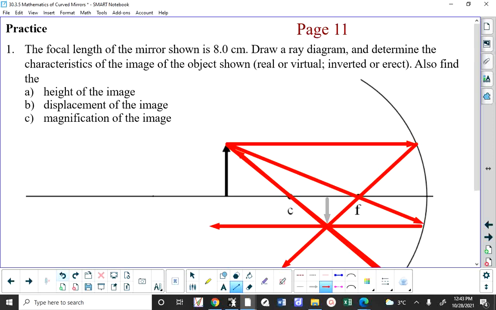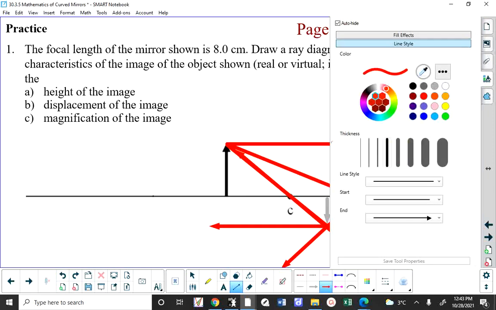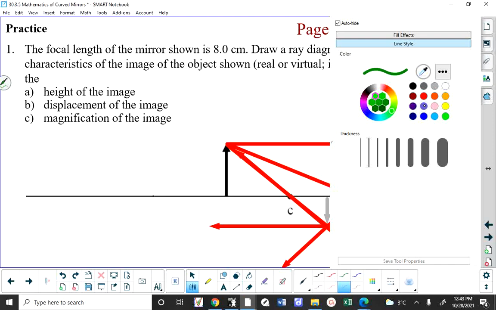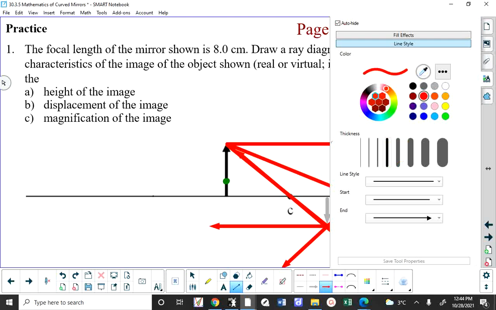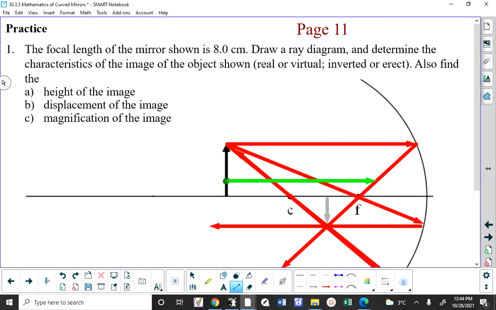By the way, I don't know how well this is going to turn out. I've never actually tried this. But let me change to a different color of light. And I'm going to talk about the light coming off of this part of the object. So parallel will go through the focus.